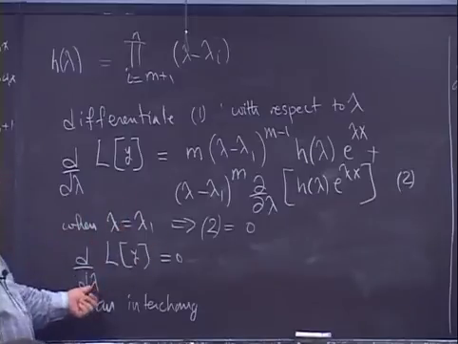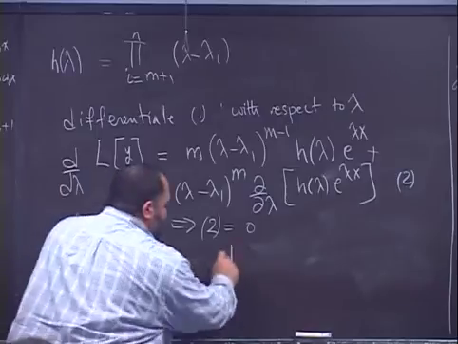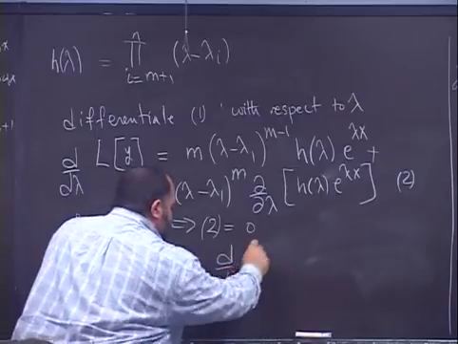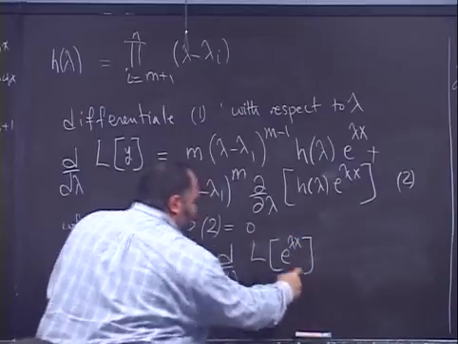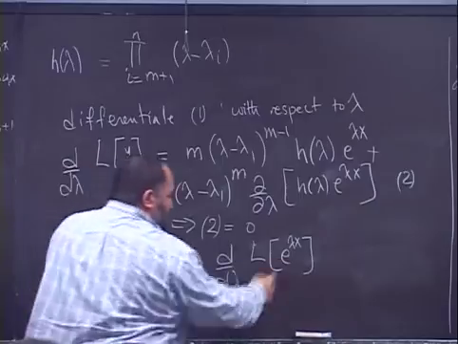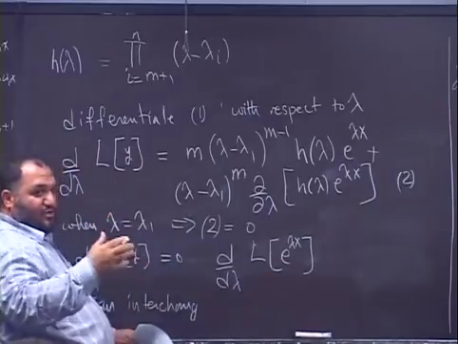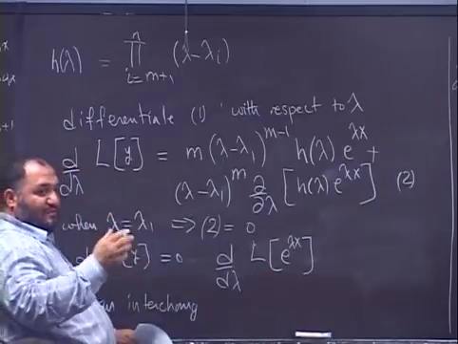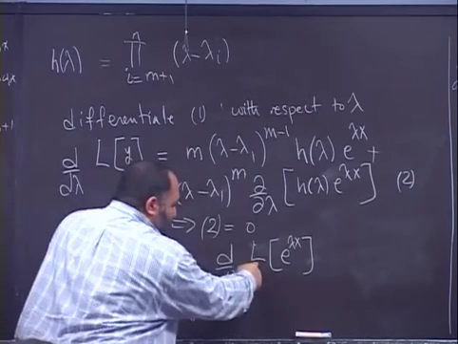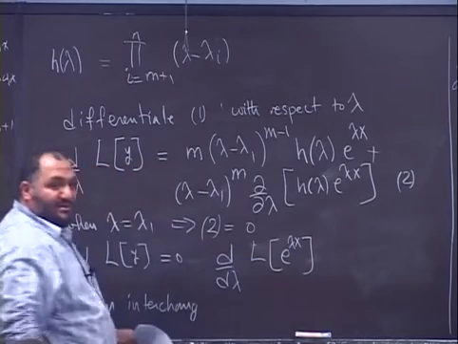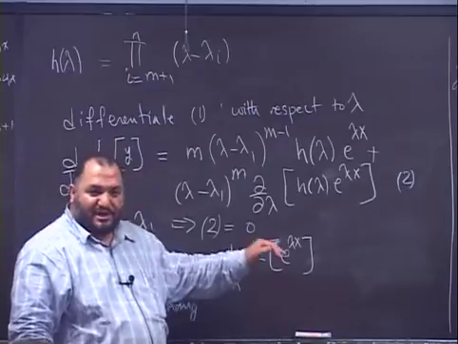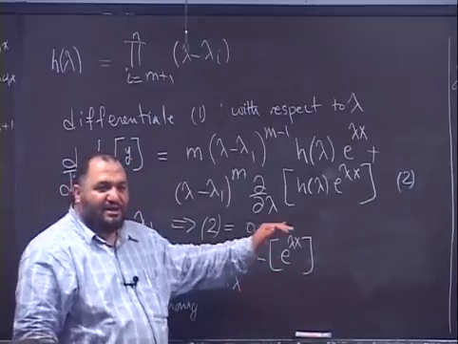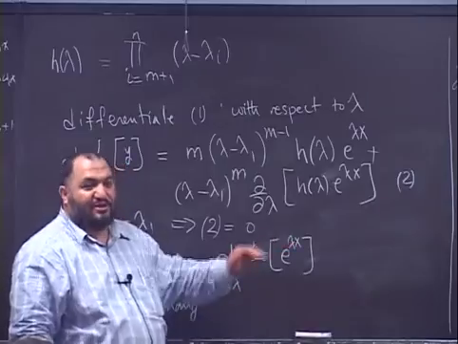Here we are differentiating with respect to lambda. So this is d by d lambda of L operated over the solution, the form of the solution y equal to e to the power of lambda x. So L is just differentiation with respect to x.